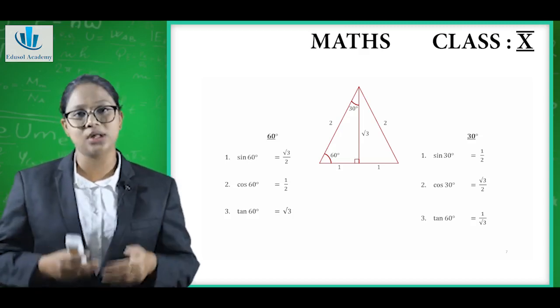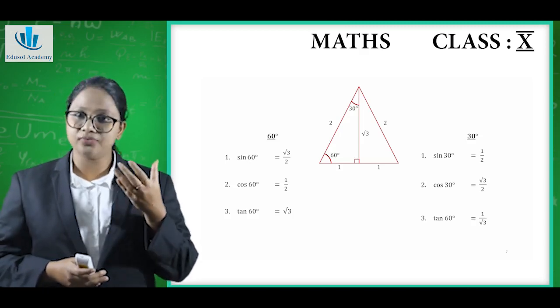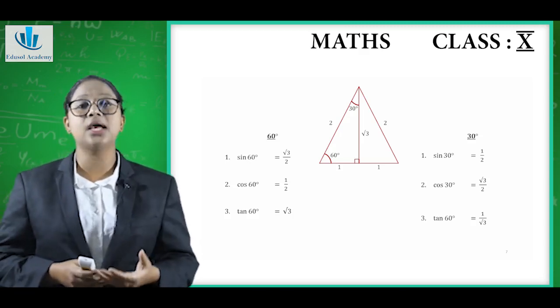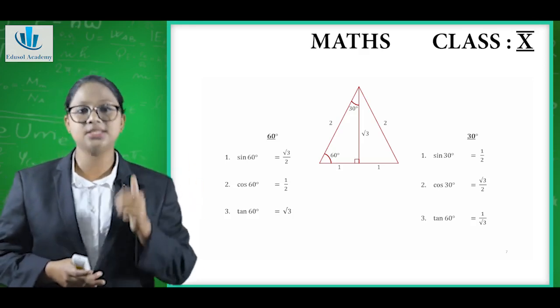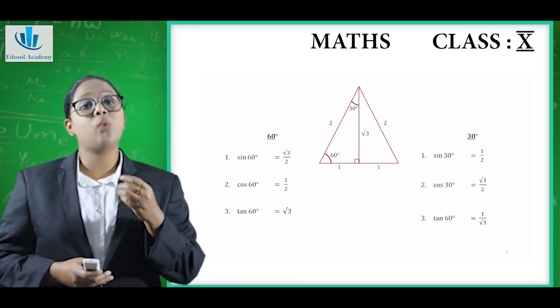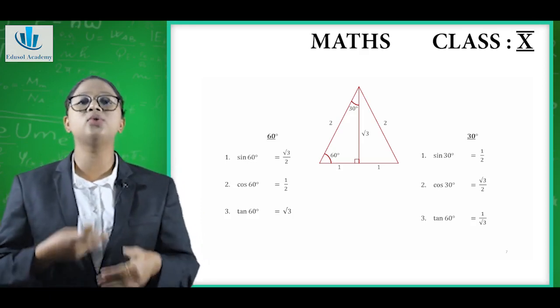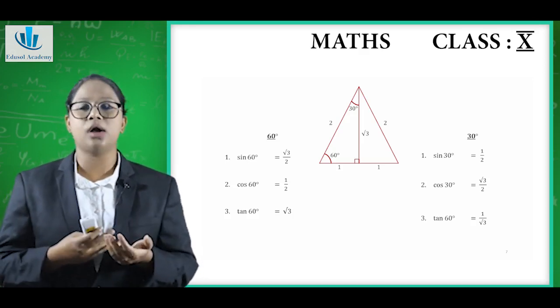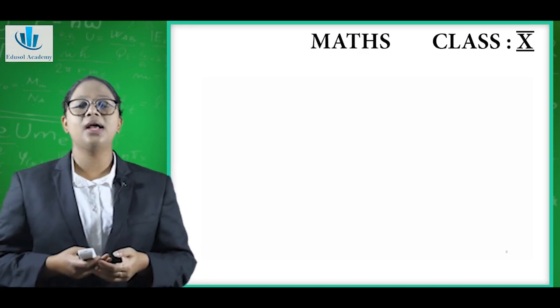Those are reciprocals of each other. So if you learn the ratios of one of the angles, it would be easier for you to predict the ratios of the other angle. That's a tip. Once you know sine, cos and tan, it would be easy for you to sort out the remaining sec, cosec and cot. That's why we haven't shown it here.